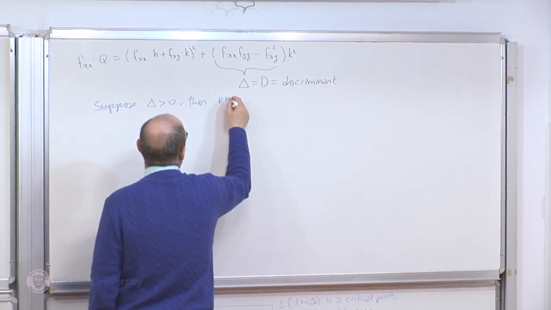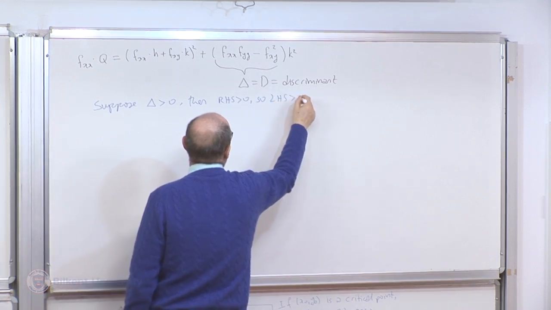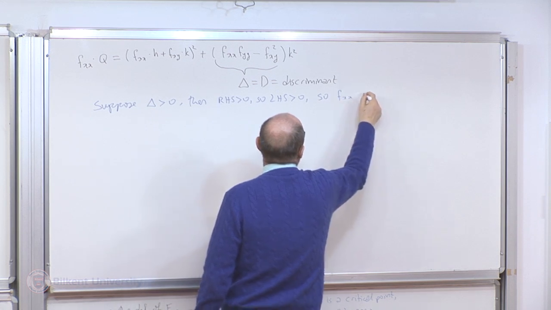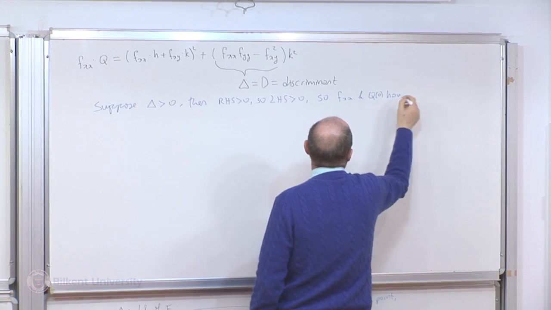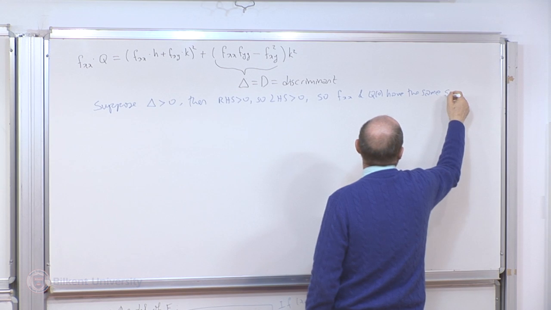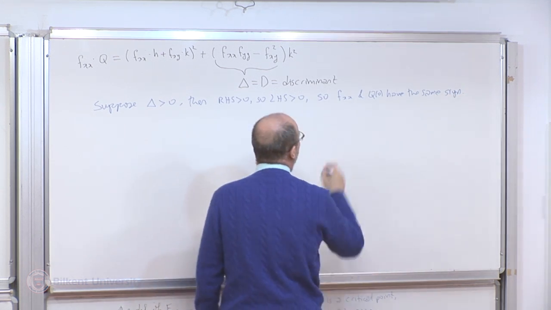Then the right-hand side is positive, so the left-hand side is positive, so f_xx and Q have the same sign. So I need to check one more thing.